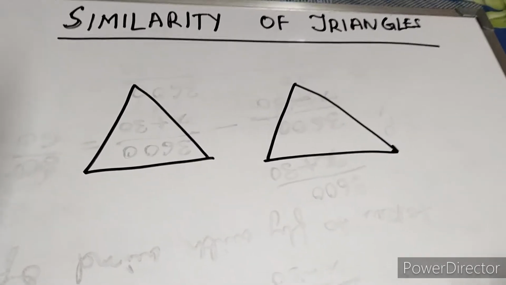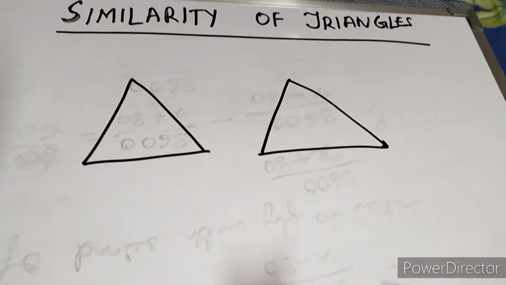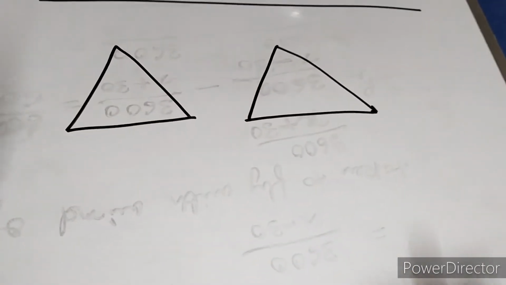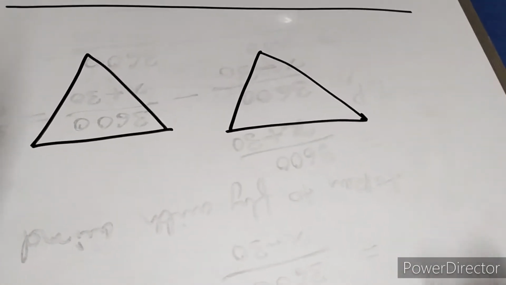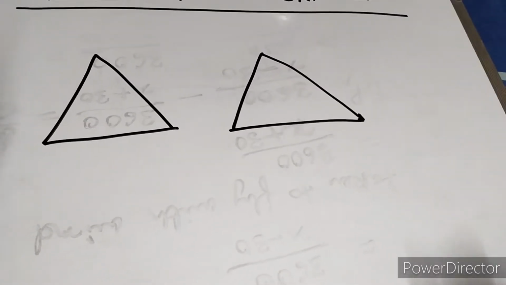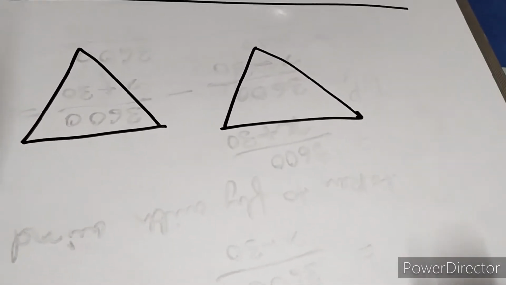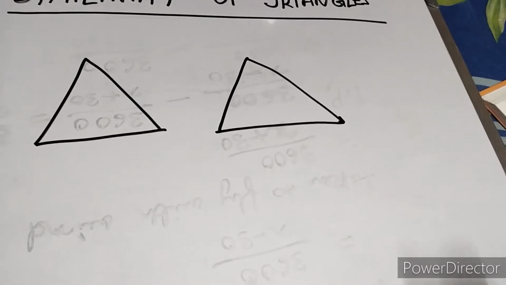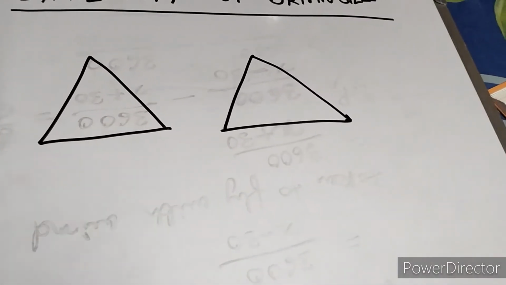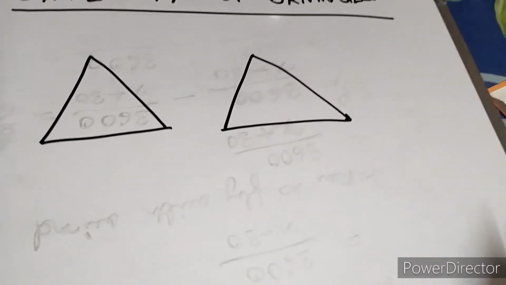But similarity applies to triangles or to any object. Like if a child is wearing a t-shirt and his father is also wearing another t-shirt, of course their sizes will be different, but the same color, same cutting of the t-shirt, isn't it?